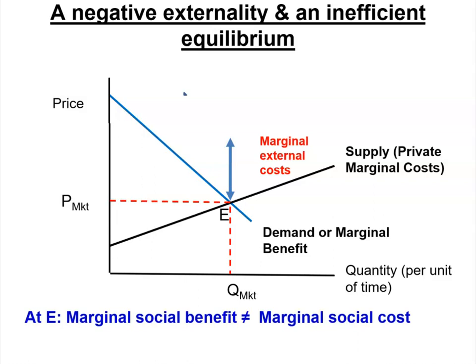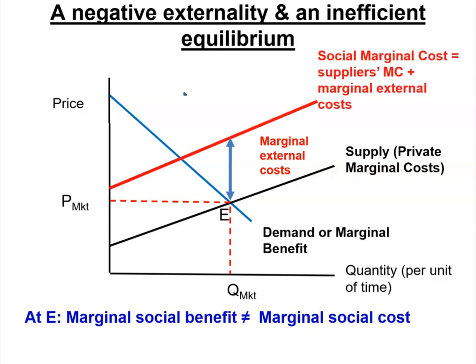Suppose we know what the marginal external costs are. Well, then we can say that the marginal social costs are the costs that the suppliers pay plus any external costs that are imposed on other people. So now the costs to all people in society are considered.